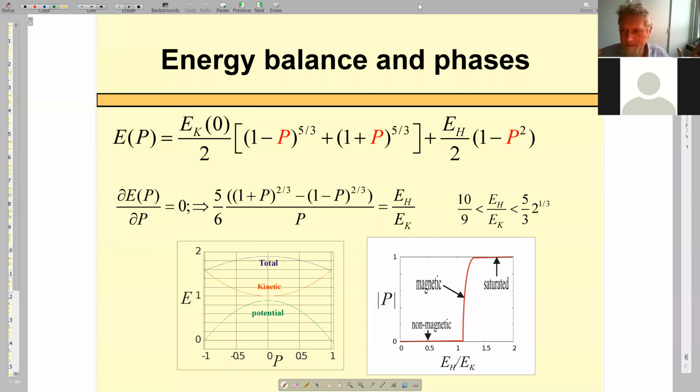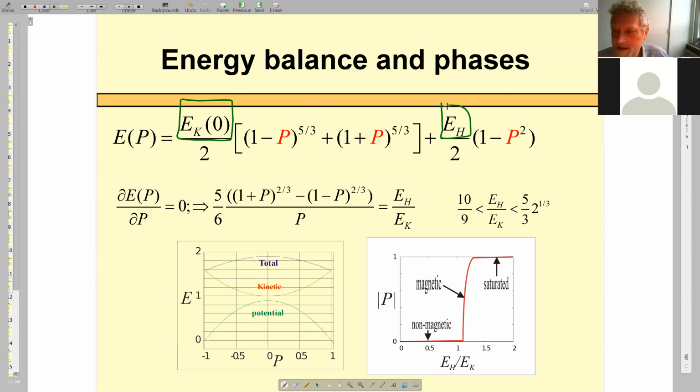So now we can step by step come to the total energy, which includes a kinetic part and a potential part. So here I have two coefficients: initial kinetic energy and Fock energy.